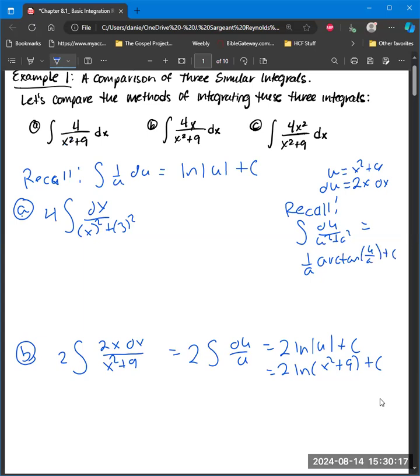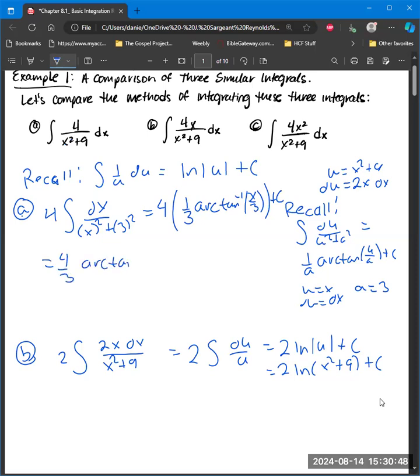So we have our u was x, du is dx, our a is 3. So this is going to be 4 times 1 over 3 arctangent of x over 3 plus c. So that's going to be 4/3 arctangent of x over 3 plus c.